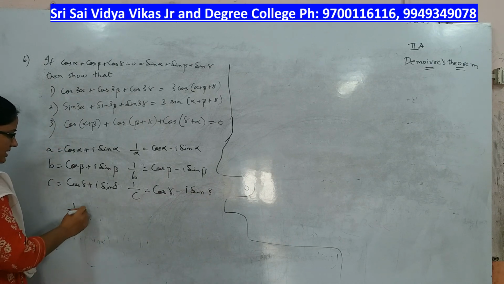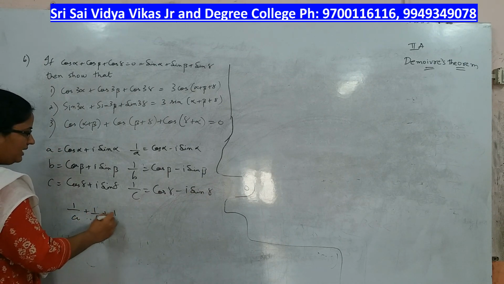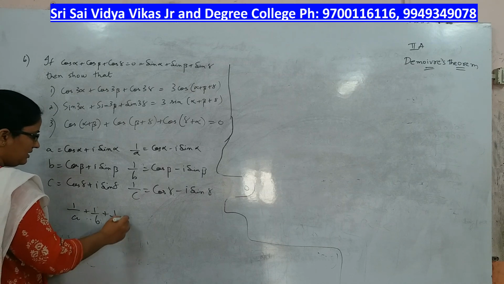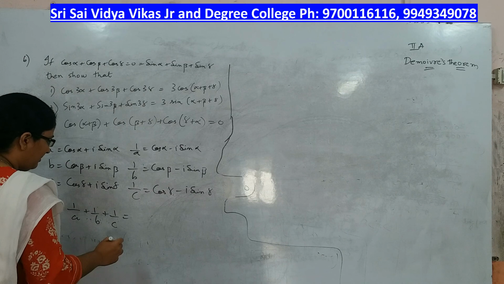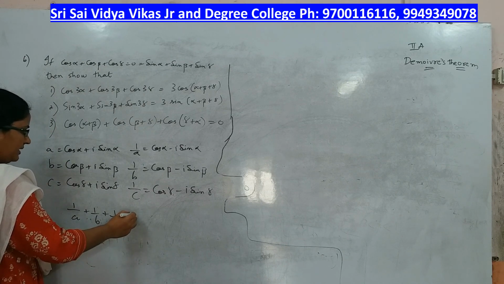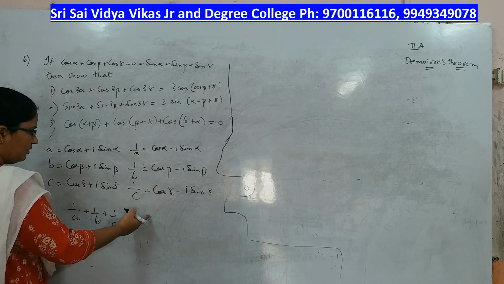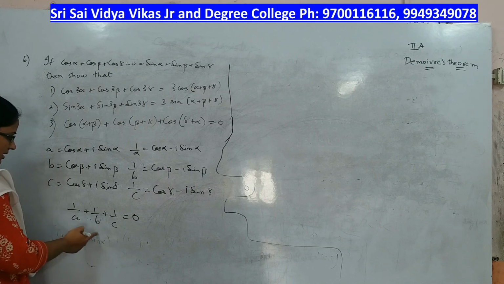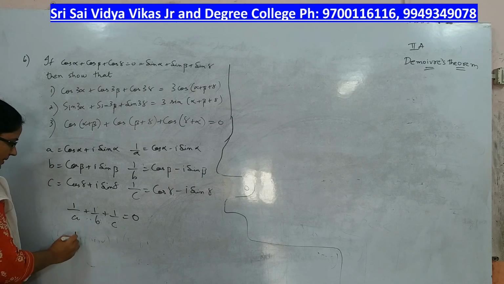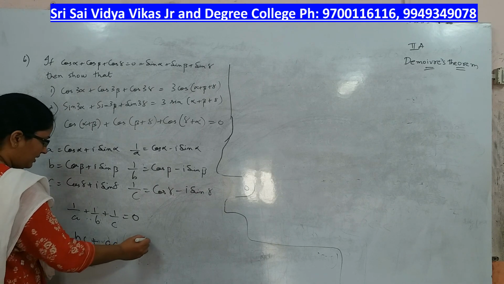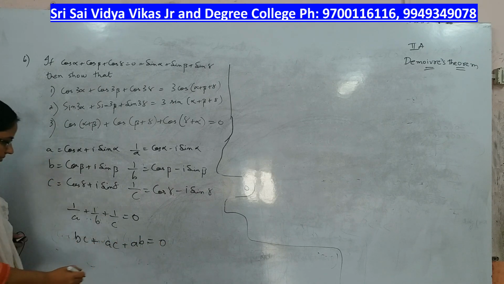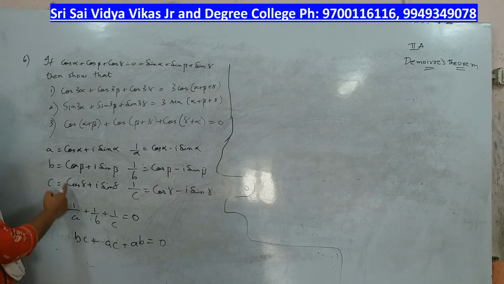1/A + 1/B + 1/C is equal to zero. If you add all this, you will get 0. Take the LCM. What do you get? BC + AC + AB is equal to 0. What is BC?